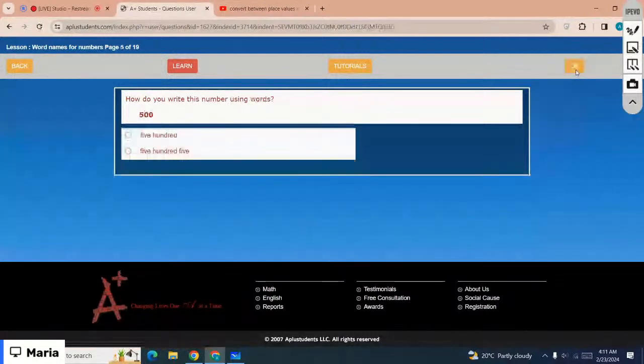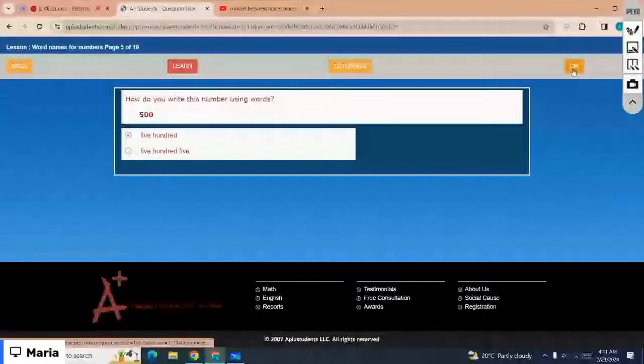How do you write this number using words, 500? Which is the correct option? Yes, that is 500.